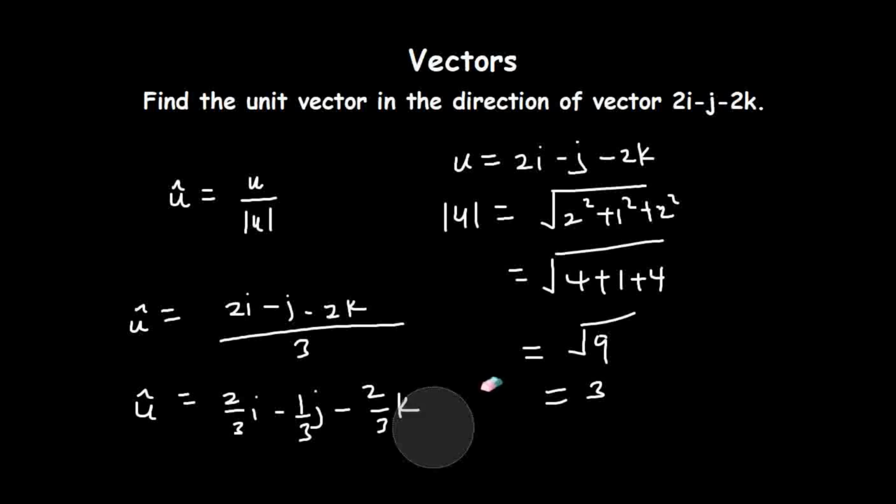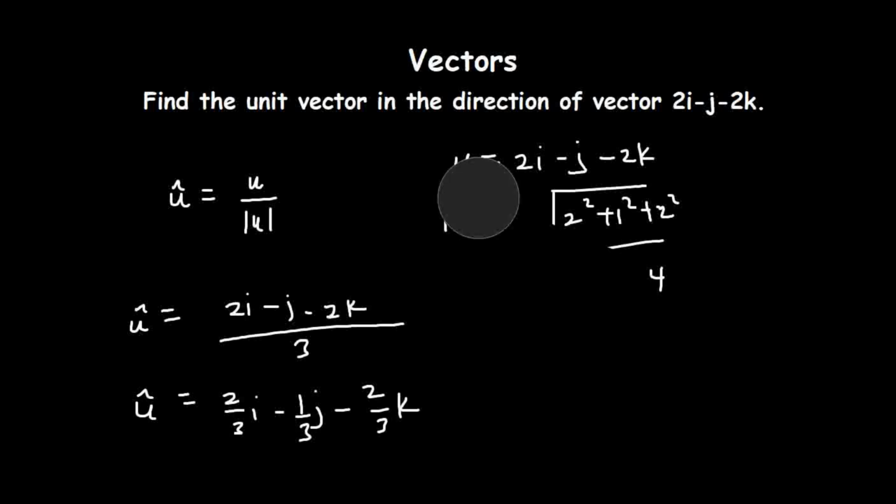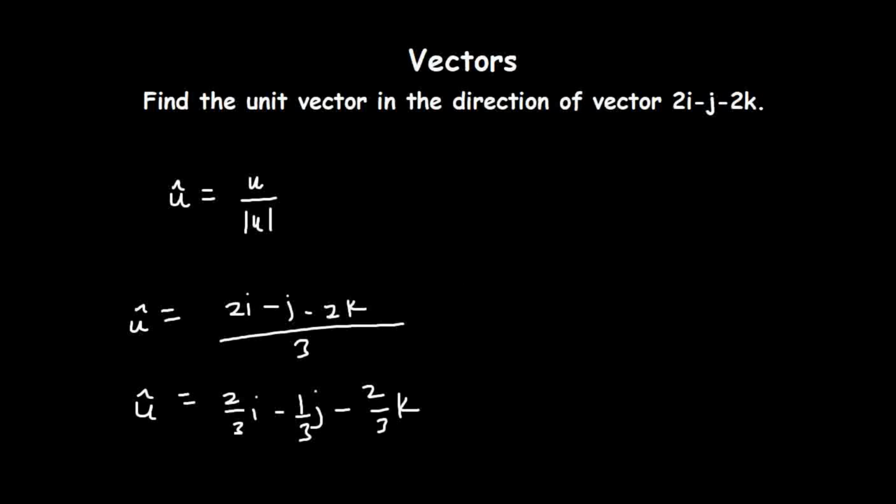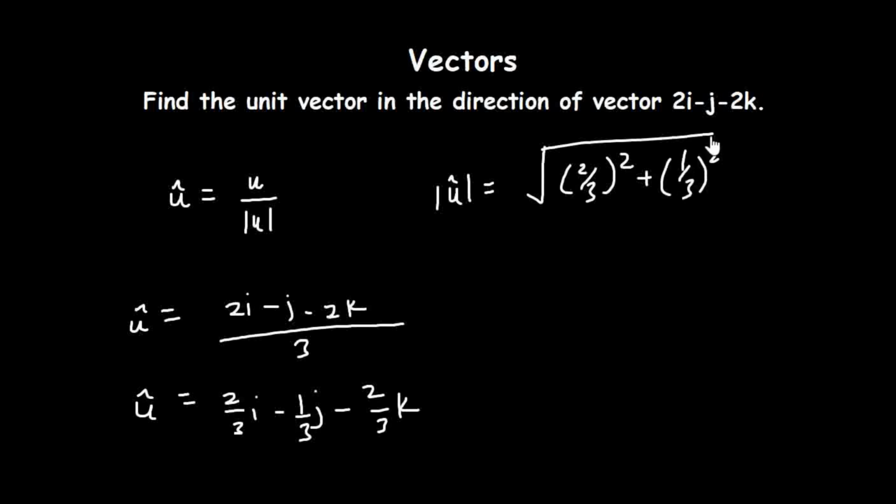For you to know that your answer is correct, let's look at how to test for that. You know that the magnitude of a unit vector is equal to 1. So let's take the magnitude of this unit vector, which is the square root of 2 over 3 squared plus 1 over 3 squared plus 2 over 3 all squared.